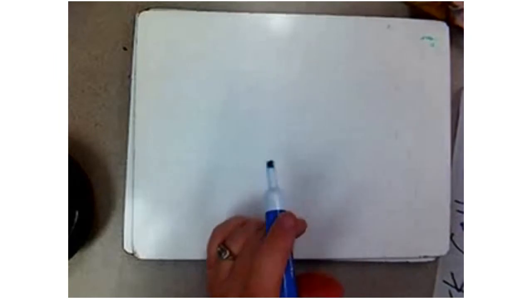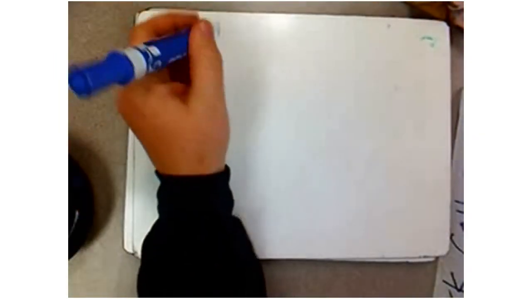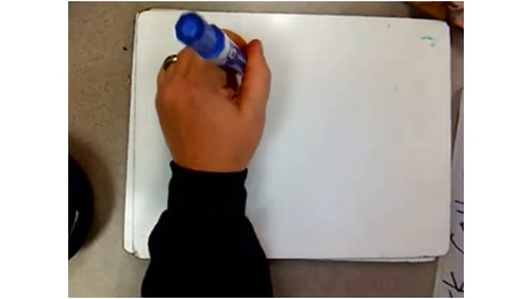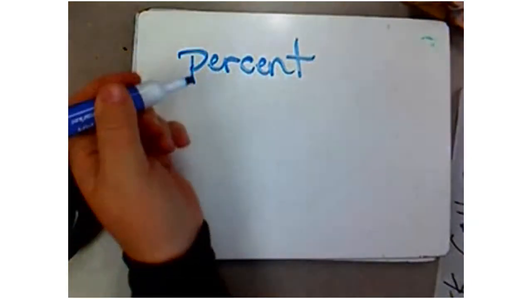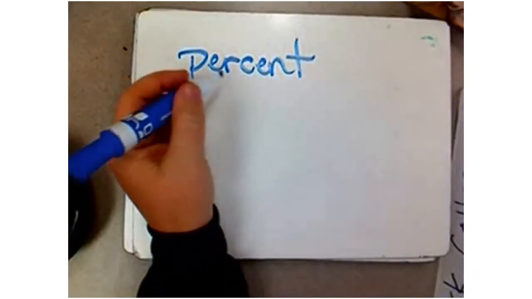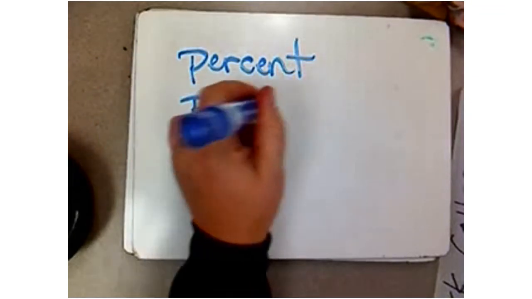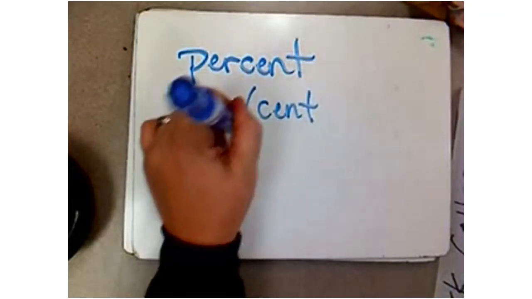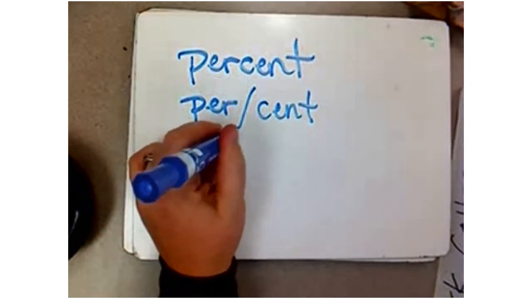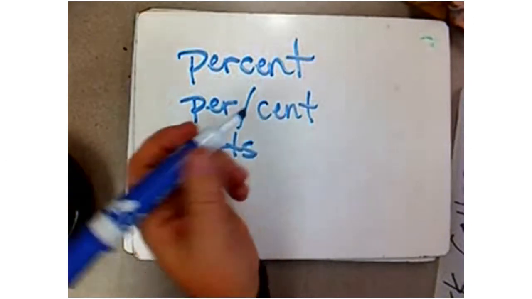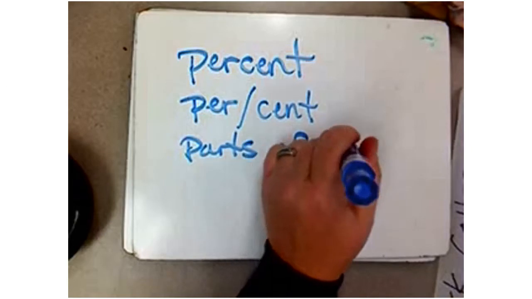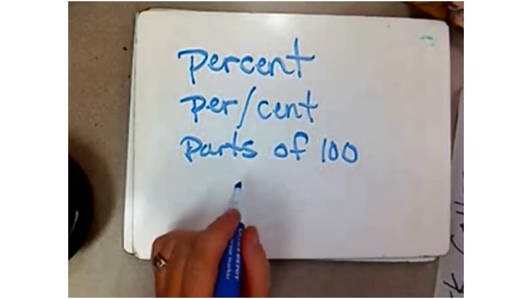So this is an introduction to percents, and first we want to talk about what the word percent means. If we divide it up into its parts, it's per cent, right? Per means parts, and cent means of 100. So percent means parts per 100.